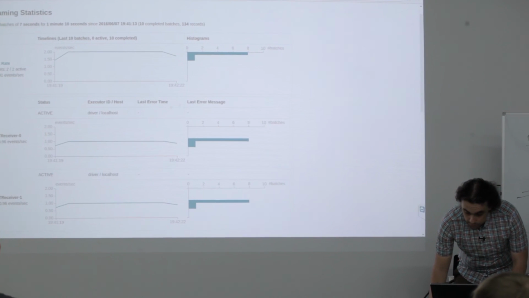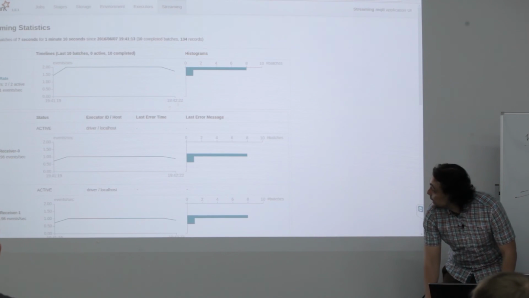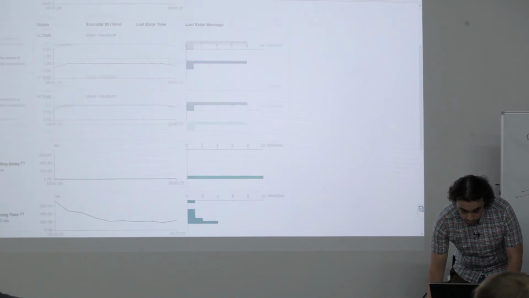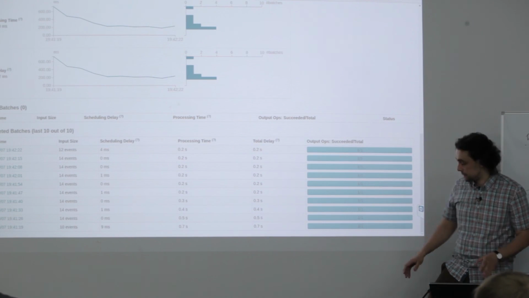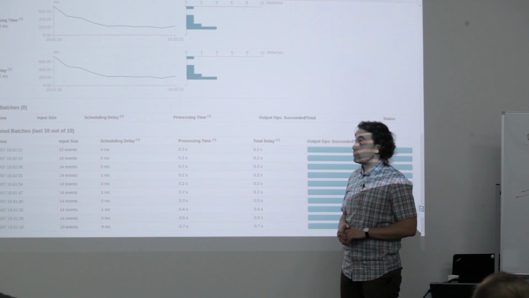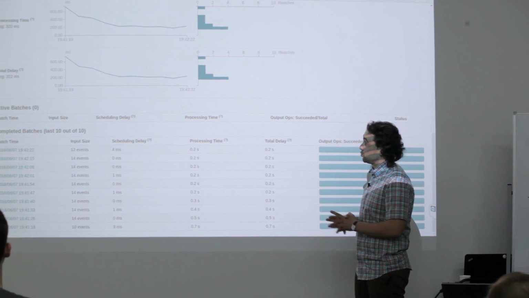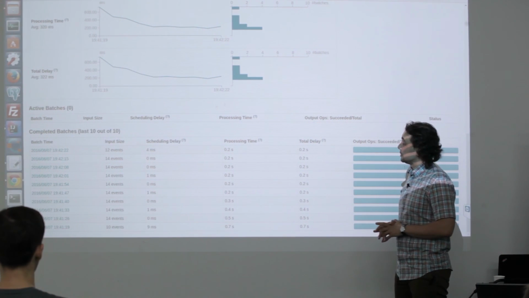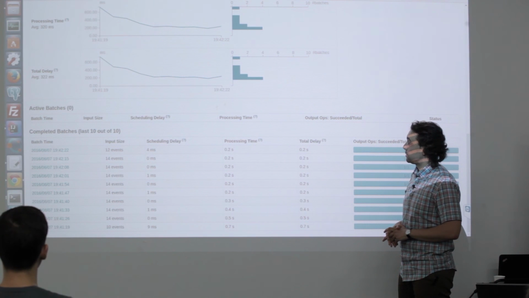Okay, so I want to add two important things to look at when you debug a Spark Streaming application. Firstly, two urgent parameters: scheduling delay and processing time.